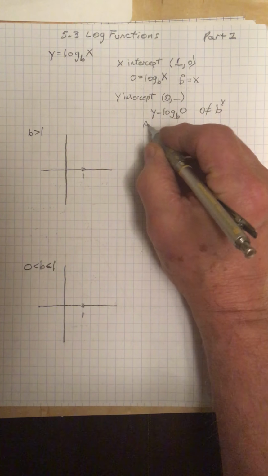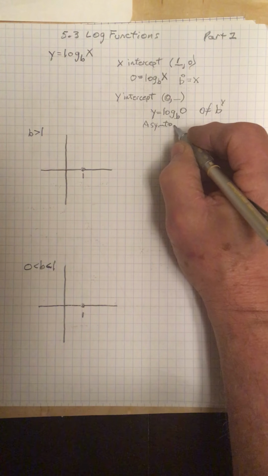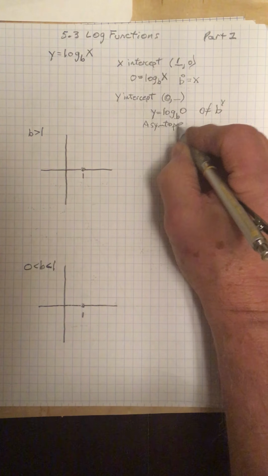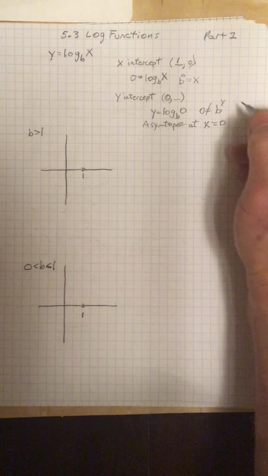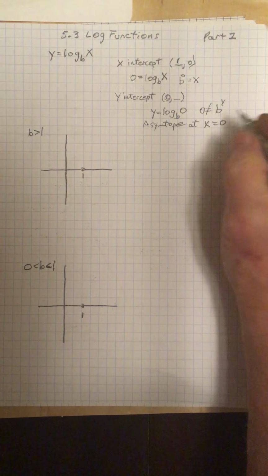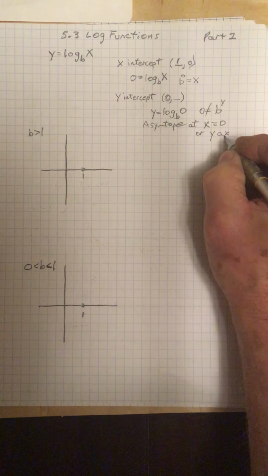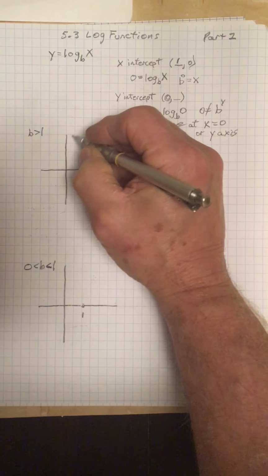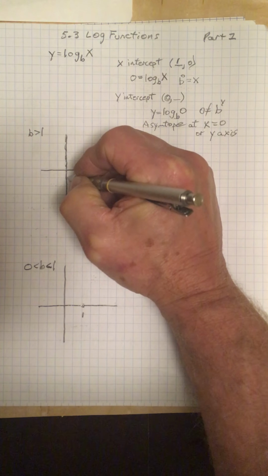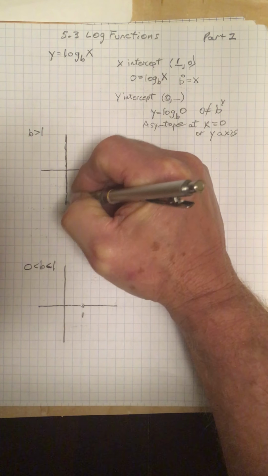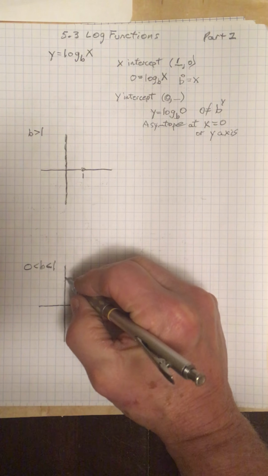The asymptote at x equals 0 is the y-axis. So the y-axis is actually going to become an asymptote, regardless of what b is. That didn't matter here. So we've got that.